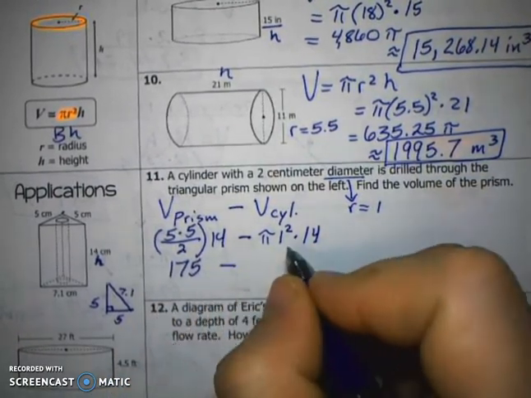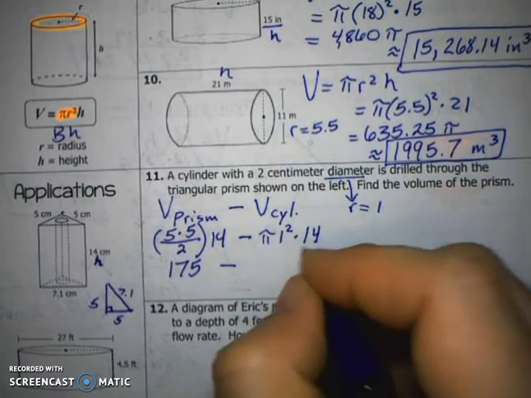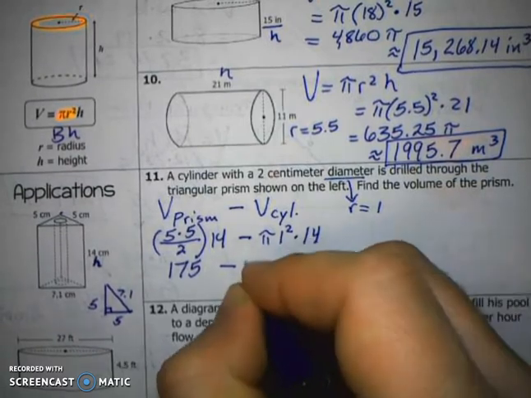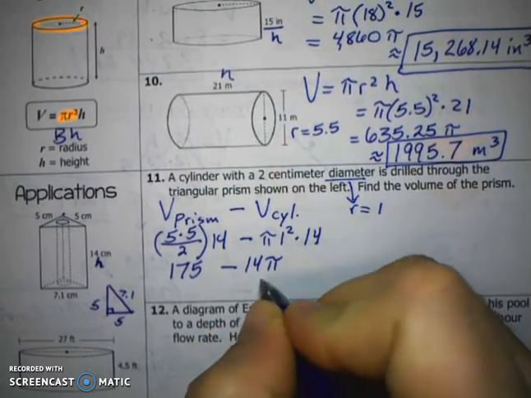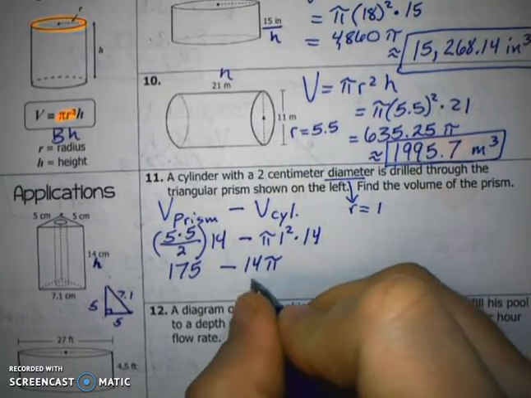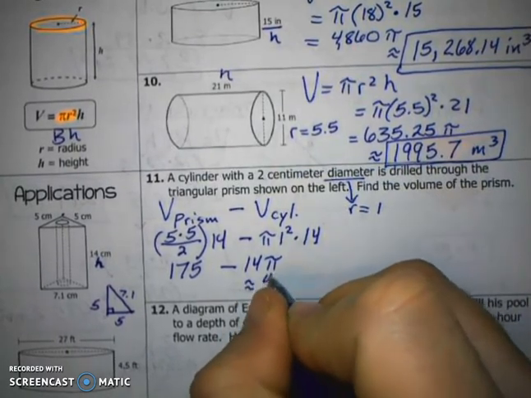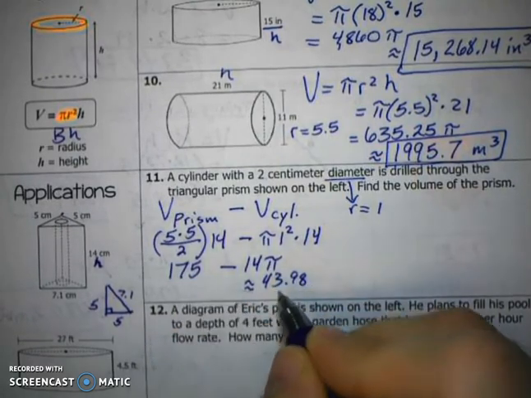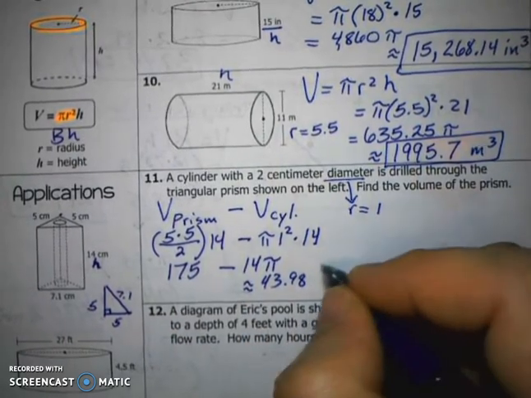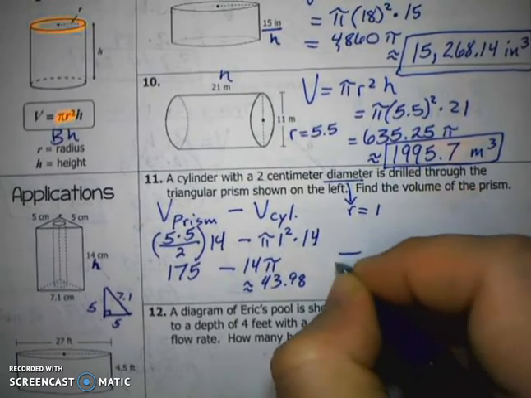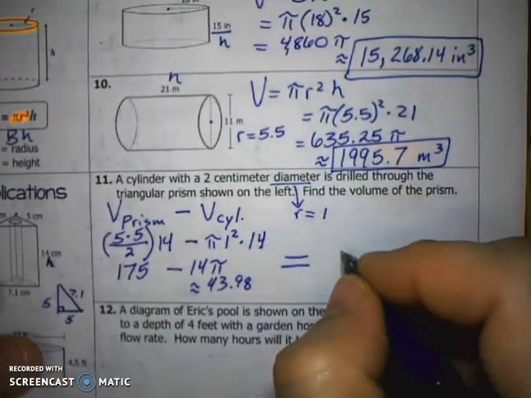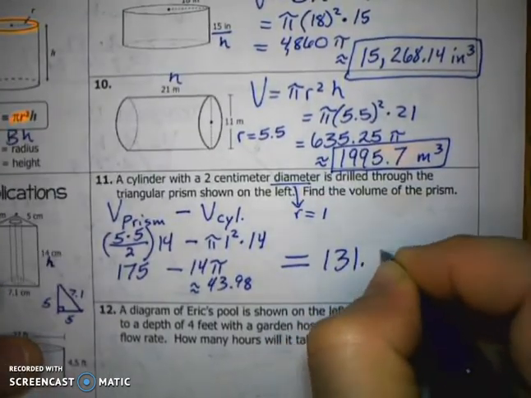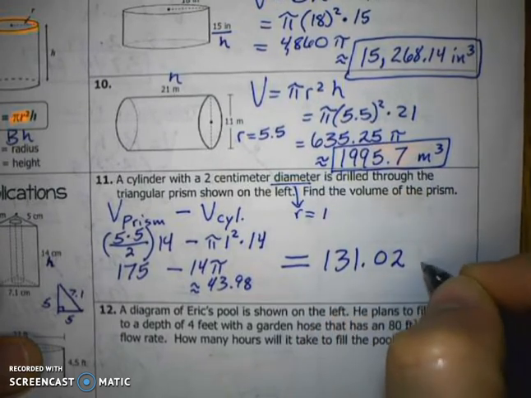And then we're going to subtract 14 pi, because 1 squared is 1. 1 times 14 is 14. Okay? And so we're going to say that that part is approximately 43.98. So when I do 175 minus 43.98, I get my total volume equal to 131.02 cubic centimeters.